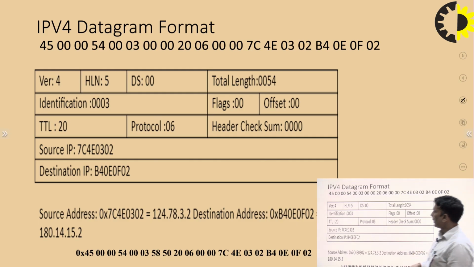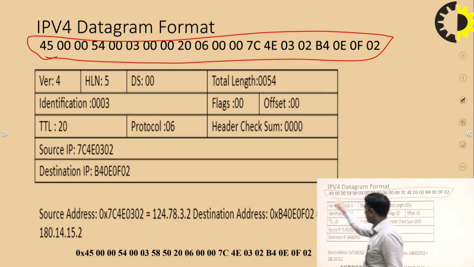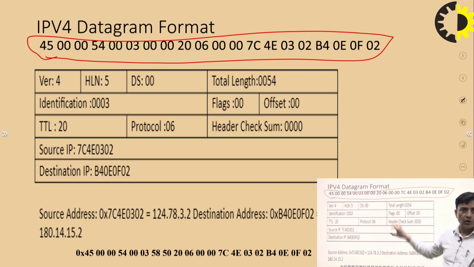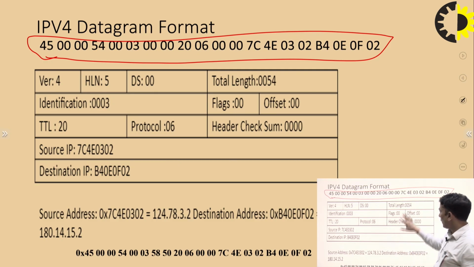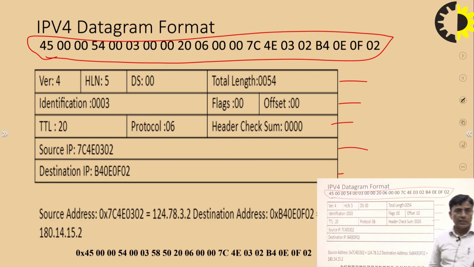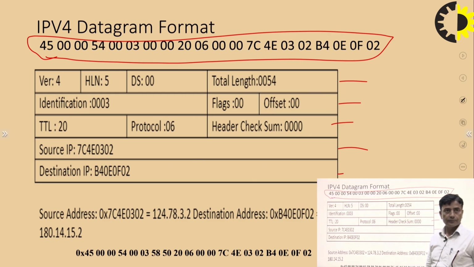We will take this example and divide it in the form of the header format. To solve this question, you should have a very clear idea of the IPv4 header format. There are these 5 basic rows, 1, 2, 3, 4, 5, and a 6th that is optional, which may or may not contain 0 to 40 bytes.